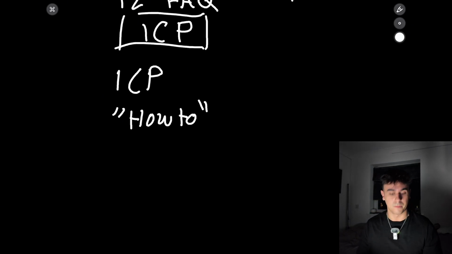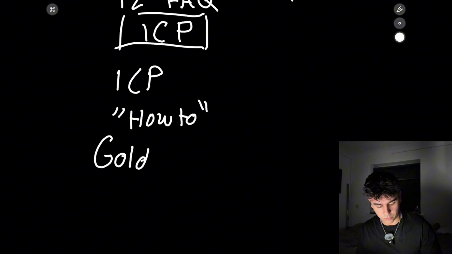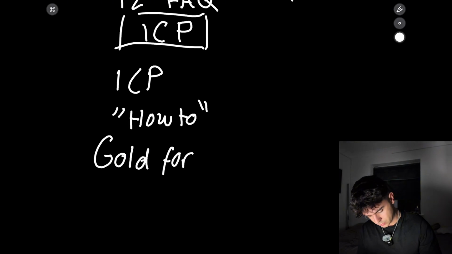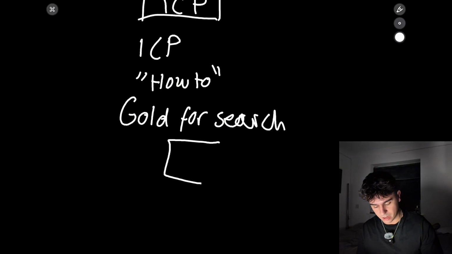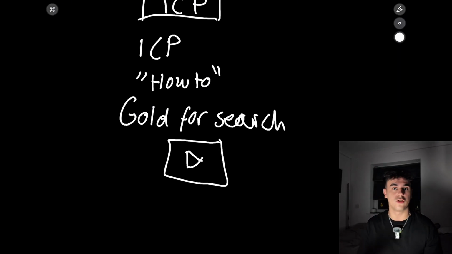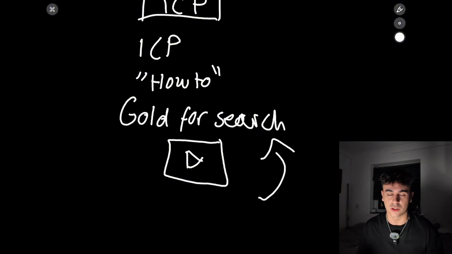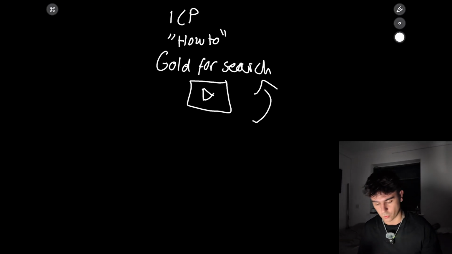Now that you've done that, these videos are gold for search. And the reason for that is as soon as they have a question, they go straight to YouTube to find the answer. And if you're not posting these videos, then someone else in your niche will be. And that person is most likely a client of ours for our done for you YouTube offer. So make sure you're doing this if you're not already.